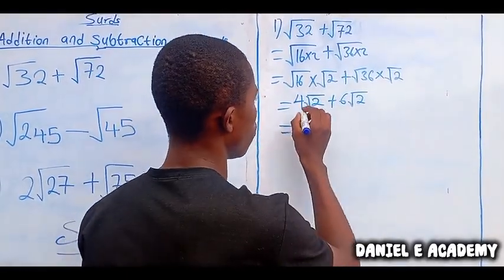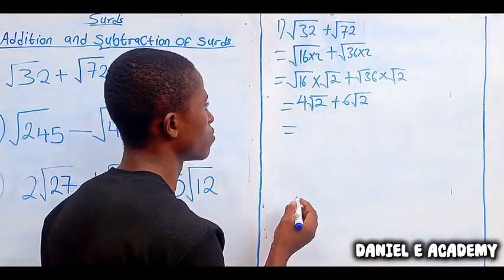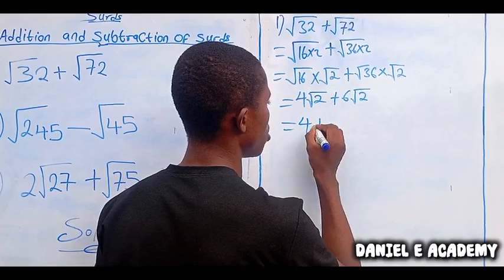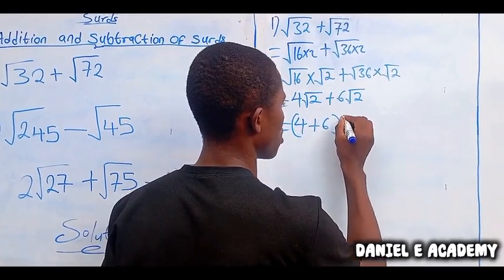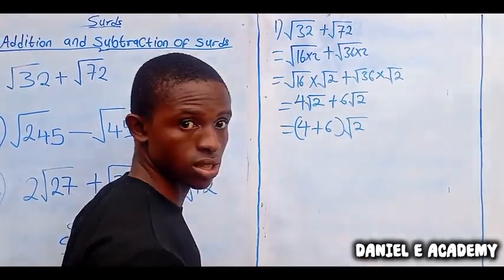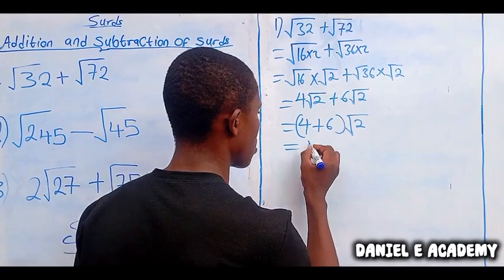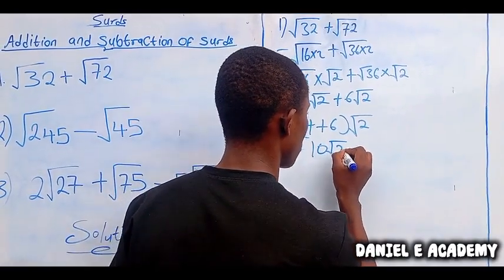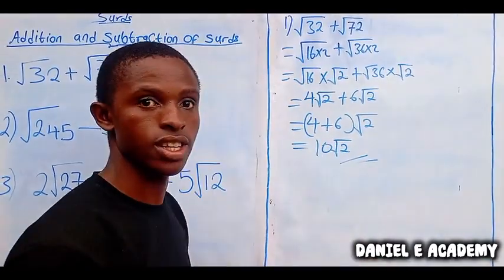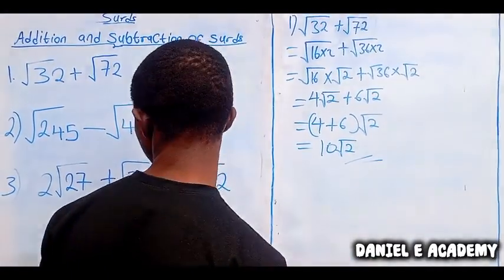So 4 root 2 plus 6 root 2. Root 2 is common, so we write it like this. Then we have our final answer: 4 plus 6, which is 10 root 2. That is how we solve it using this very fast method.